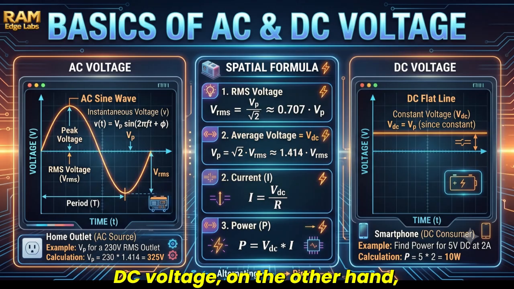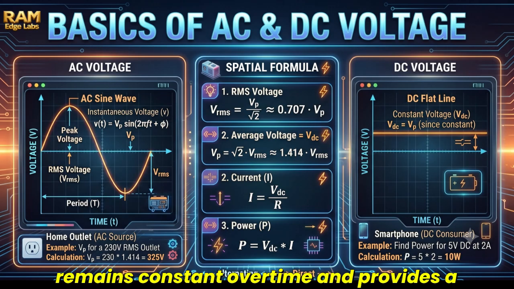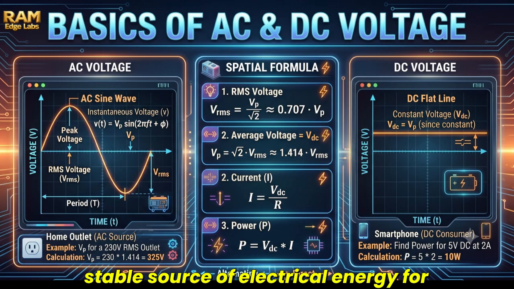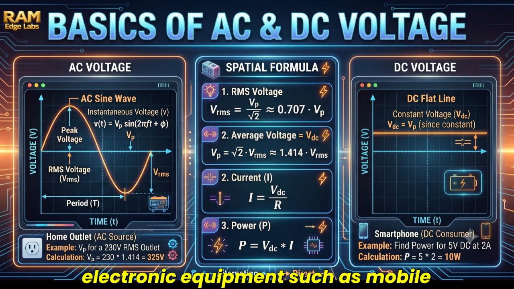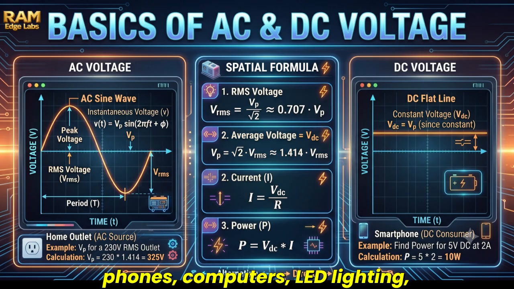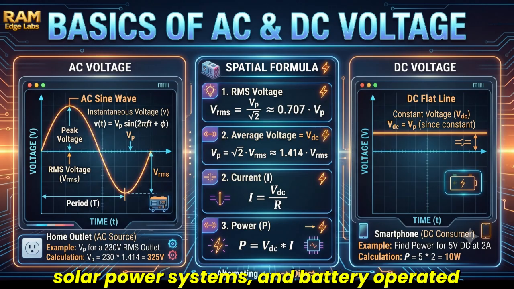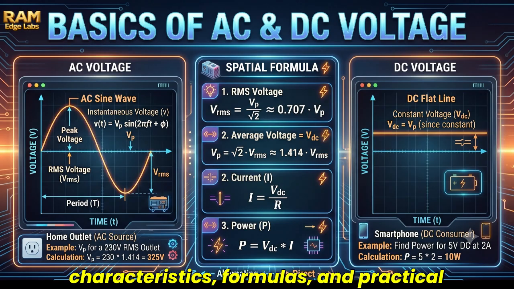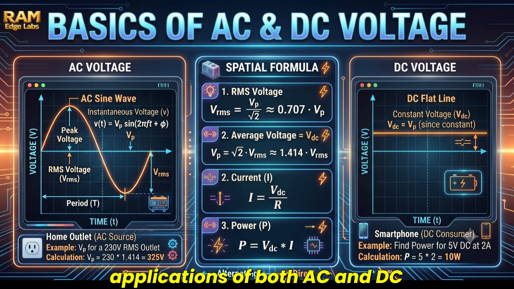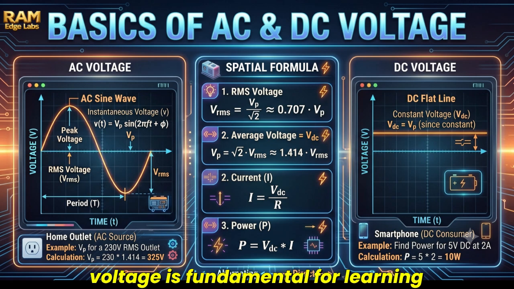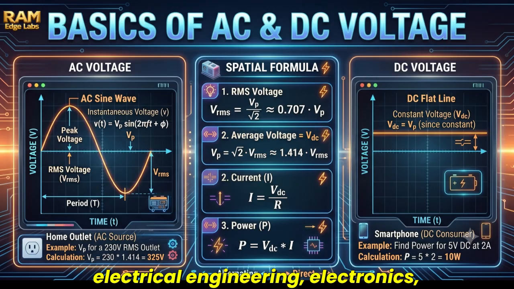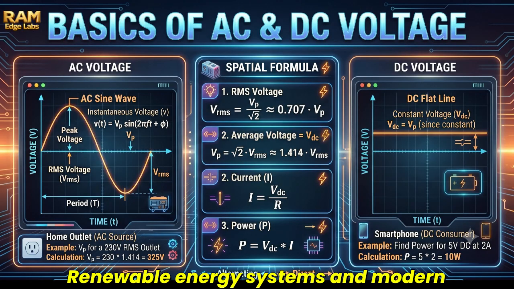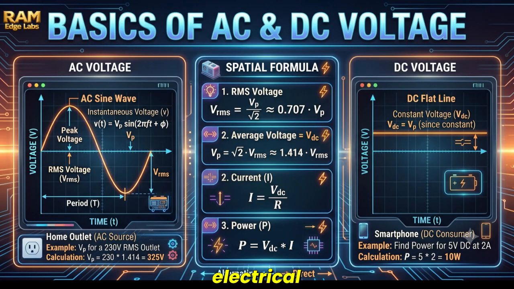DC voltage, on the other hand, remains constant over time and provides a stable source of electrical energy for electronic equipment such as mobile phones, computers, LED lighting, solar power systems, and battery-operated devices. Understanding the characteristics, formulas, and practical applications of both AC and DC voltage is fundamental for learning electrical engineering, electronics, renewable energy systems, and modern electrical technology.